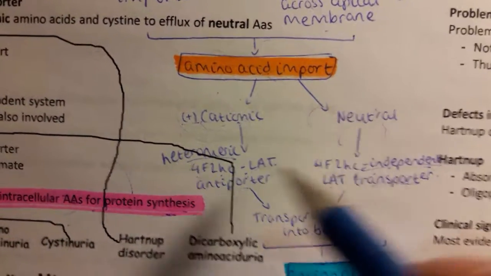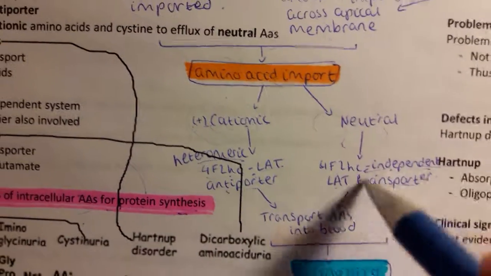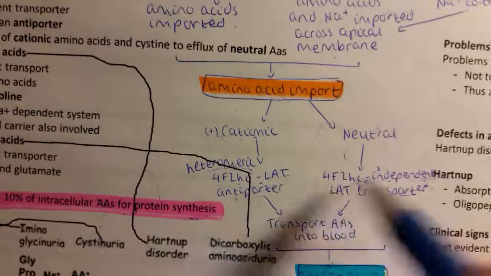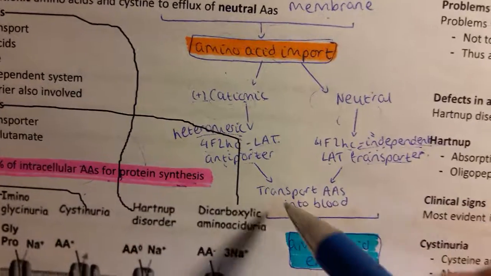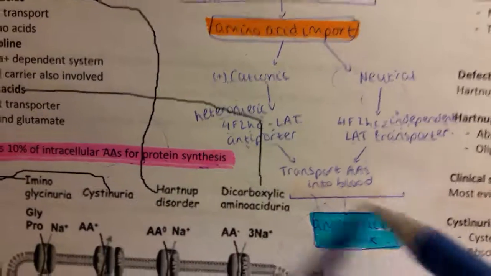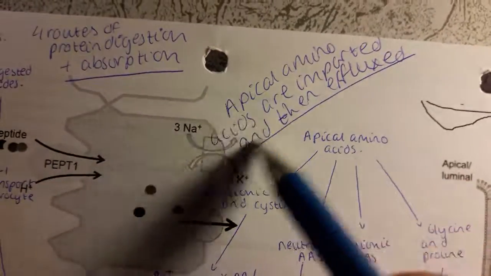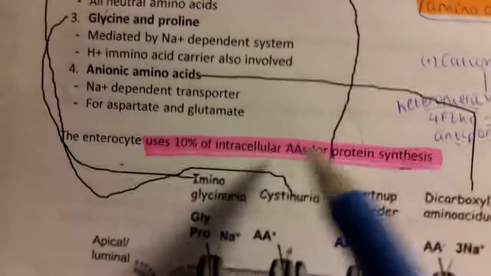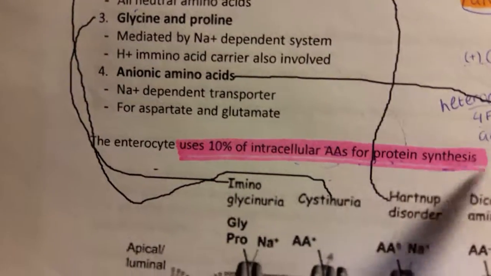This is an antiporter, this is a transporter. And what these two channels do is transport the amino acids, effluxing them into the blood across the basolateral membrane. So that's amino acid efflux. So what have we done? The apical amino acids are imported and then effluxed, and 10% of them are used intracellularly for protein synthesis.